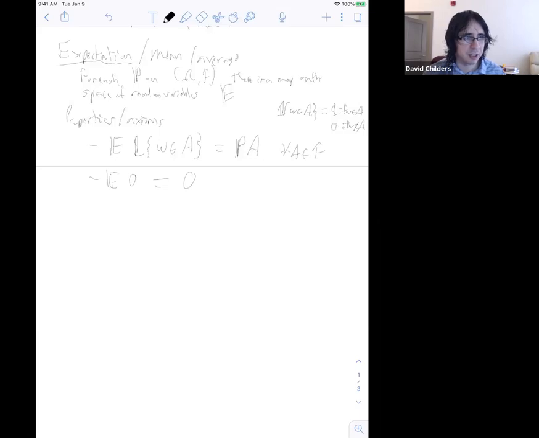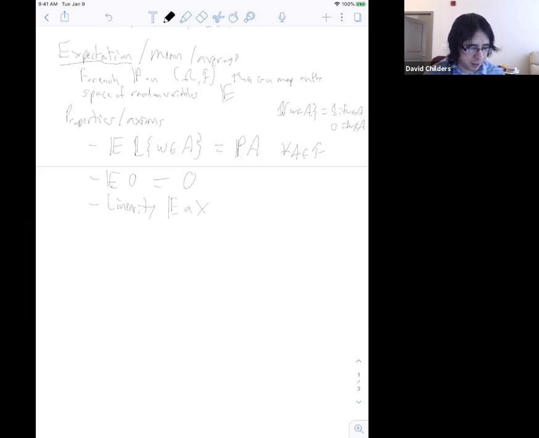This could actually be derived, since the indicator of the empty set is always equal to 0, and the probability of the empty set is also equal to 0 axiomatically. The next condition is linearity. If this were only definable over indicator variables, it would not be very useful because it would just be equal to probability.